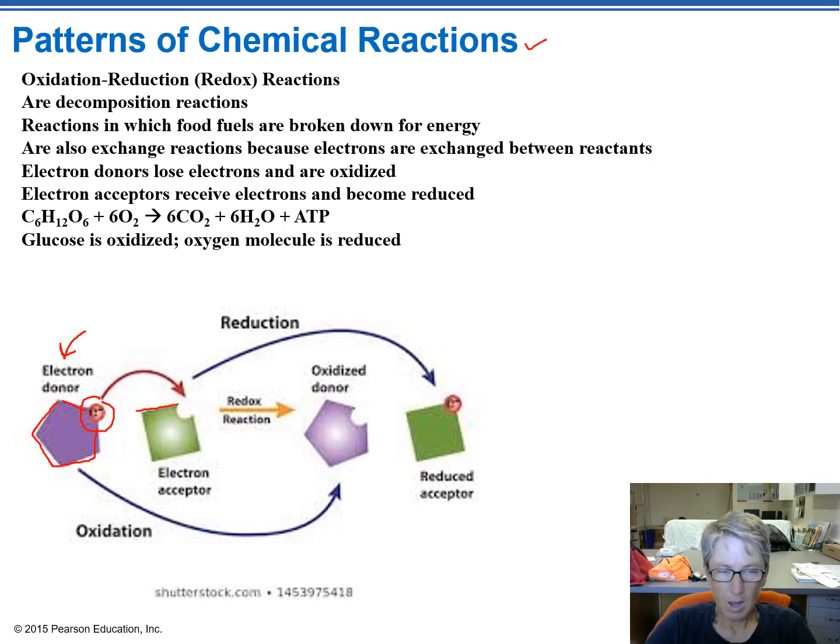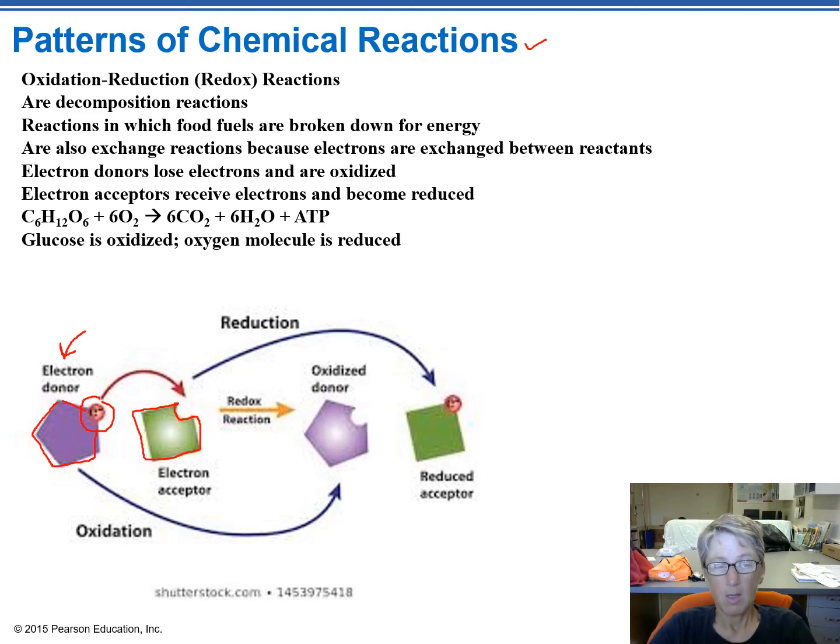The green guy, this green box here, is going to be the electron acceptor. So when the purple guy donates his electrons, you don't want free electrons floating around in your cells. You want another molecule to be there to accept it. So the electron donor gives his electron to the electron acceptor.